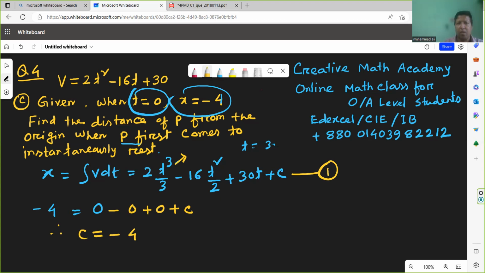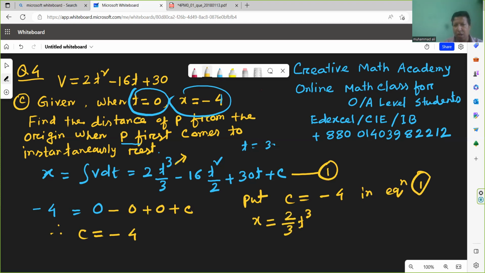If we put c equals minus 4 in equation 1, we get x equals 2 by 3 t cubed minus 8t squared plus 30t minus 4. This is our displacement. Now, we have to find the distance of P when P comes to instantaneous rest.